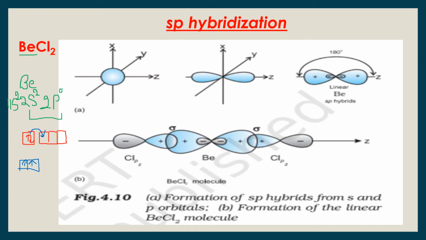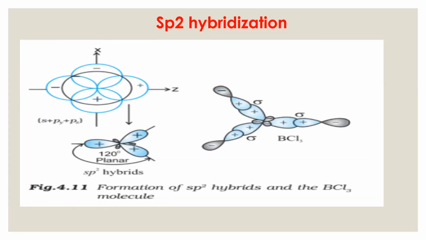So one Cl will come and share the electron here, one Cl, another Cl. So their electrons will come. This is how the sharing is taking place. You can show this on any side. The only thing is they should have opposite spins. So this is 1s and 1p we are using. That's why we are calling it sp. So sp should have a linear shape. Wherever you have sp hybridization, the molecule has to be linear, like this.